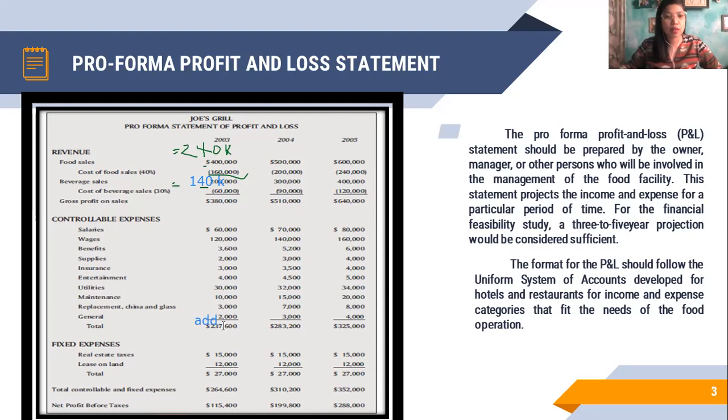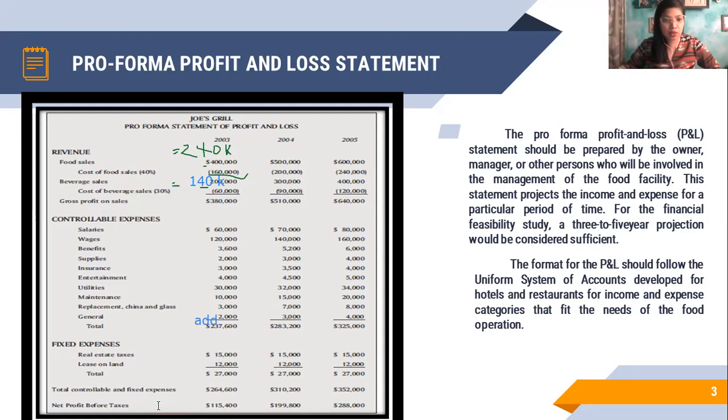Okay? And then everything will follow. You might have a change of menu, you might add labor, you might add equipment, you might buy different materials needed in your store. So that's why it increases.